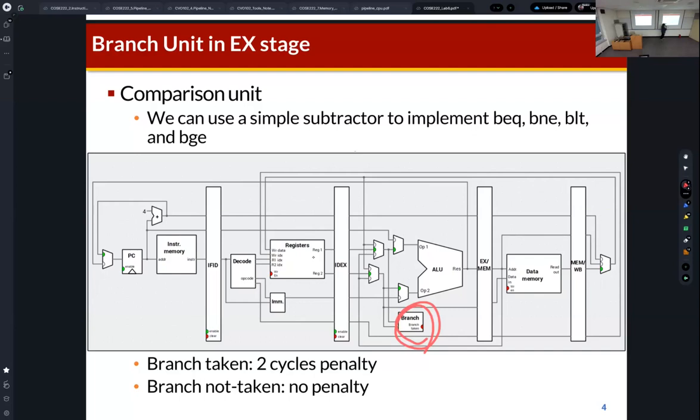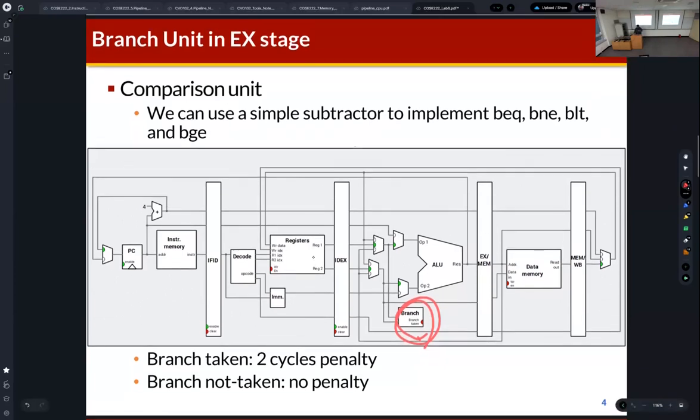As you can see, this branch unit is located after the data forwarding multiplexers, which means that the data can be forwarded to the branch unit. If the branch is taken, then the penalty is 2 cycles. If the branch is not taken, then there is no penalty. Okay. So this is the pipeline architecture you need to design.